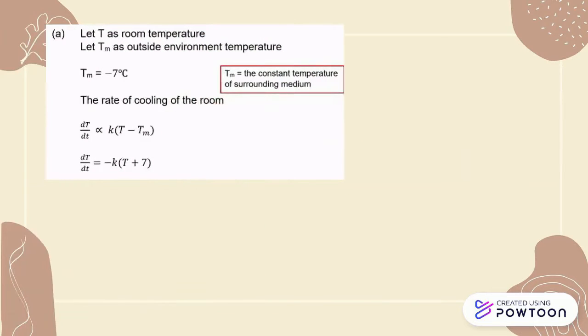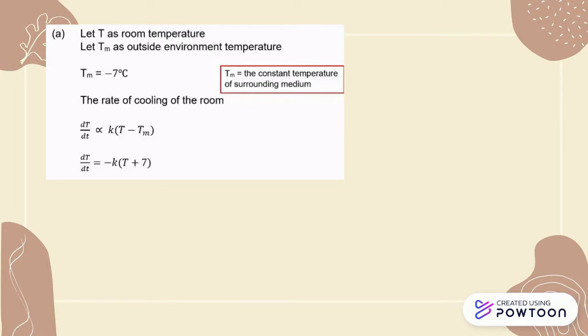First, we let T be the room temperature and Tm the outside environment temperature. Tm is the constant temperature of the surrounding medium, Tm is equal to -7 degrees Celsius.